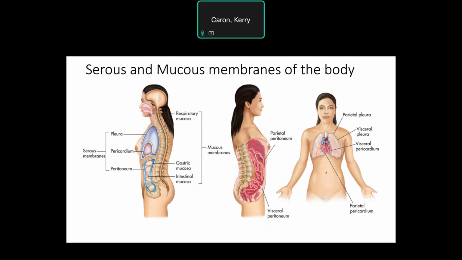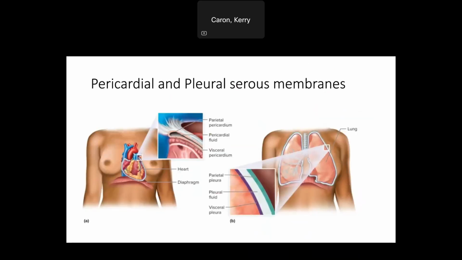And here's kind of showing visceral peritoneum lining organs versus parietal lining the outside. Parietal, visceral, parietal, visceral. And here's the pericardium.